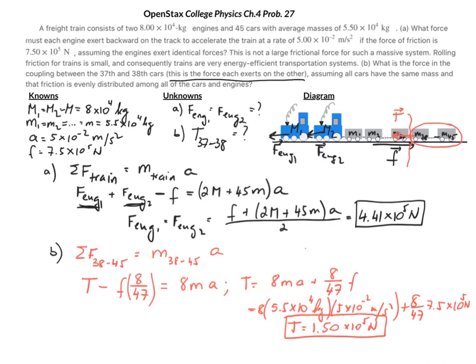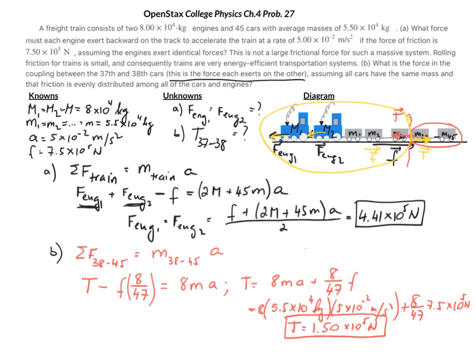Now, we could have done this in a different way. We could have said, okay, we know that the reason that the 2 locomotives and those cars are moving is because there are the 2 engines pulling it along. There is the friction of 47 minus 8 cars, and there is also going to be this other force that those 8 cars pull onto the 37th car.